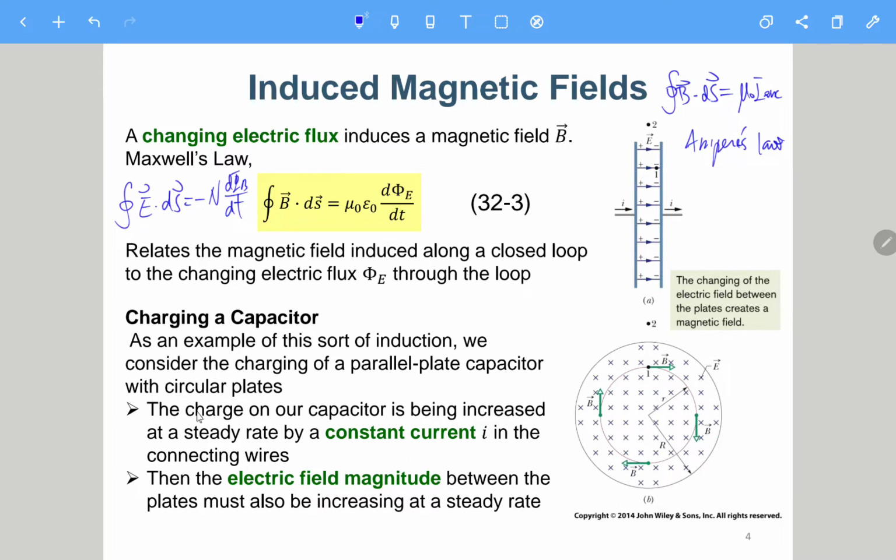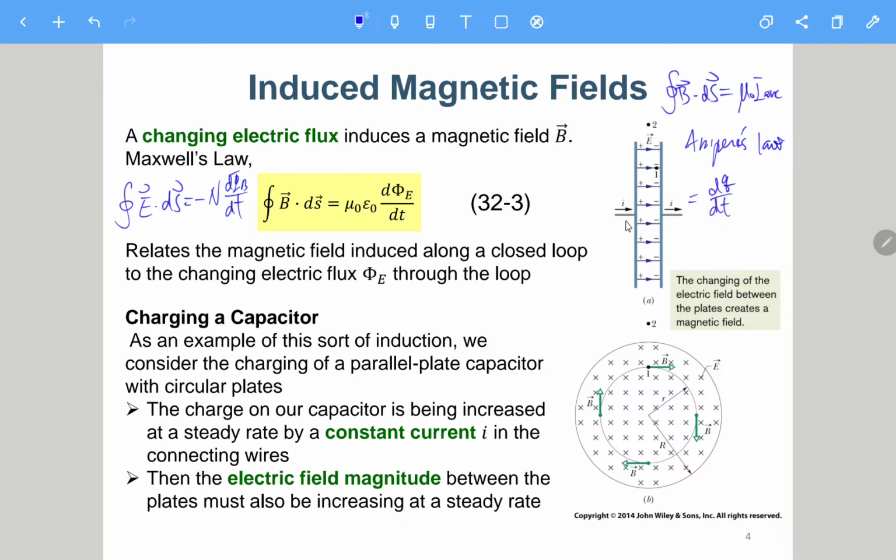The charge on our capacitor is being increased at a steady rate by a constant current I in the connecting wires. So it assumes that there is a constant current charging this capacitor. As you know, I is actually dq dt.